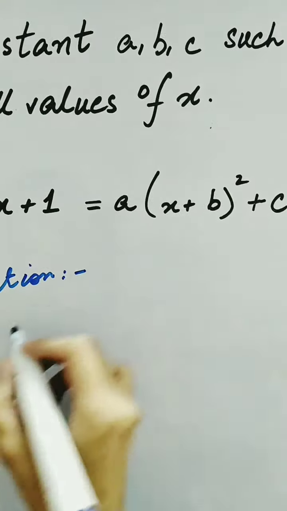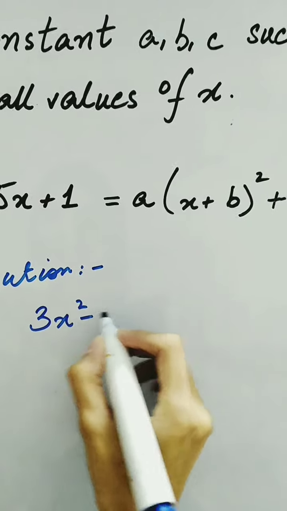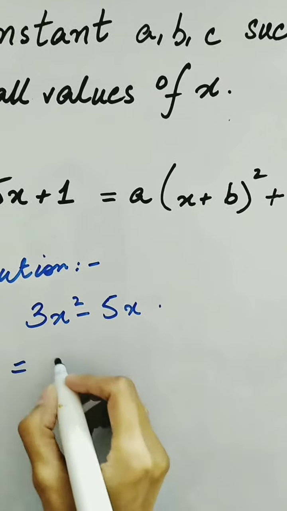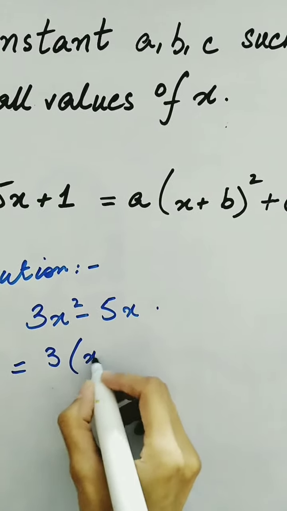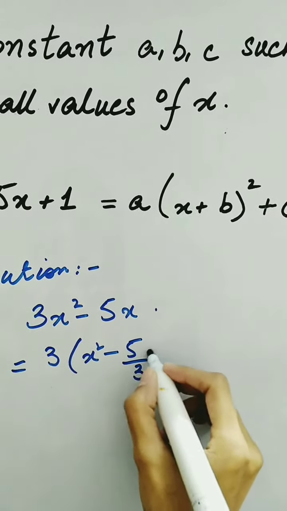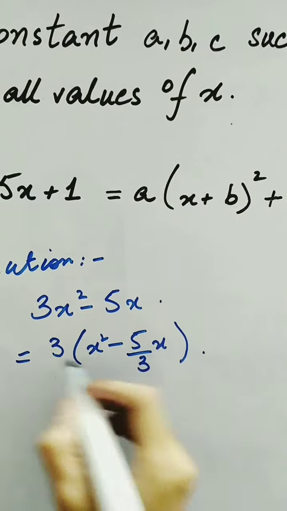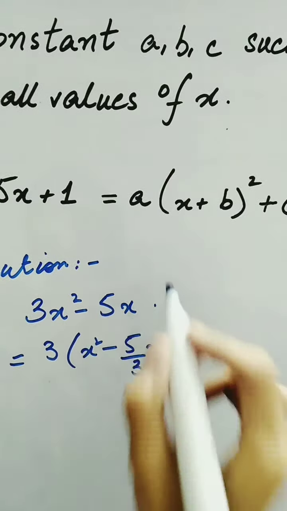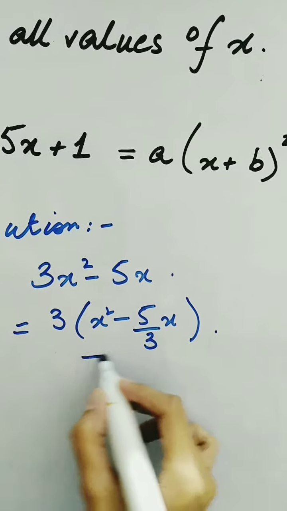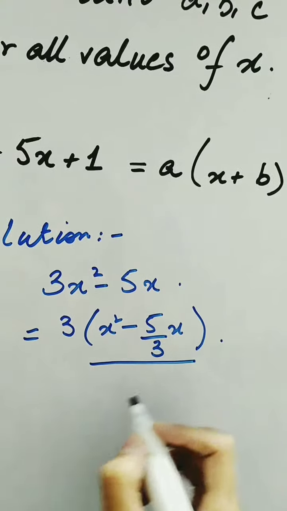In order to convert it into this form, we take the first two terms, which are 3x squared minus 5x. Now we take 3 common here and we will have x squared minus 5 over 3 x inside the bracket, as when this factor is multiplied with this, the result will be this. Now on these terms we will apply the formula for a minus b whole squared.